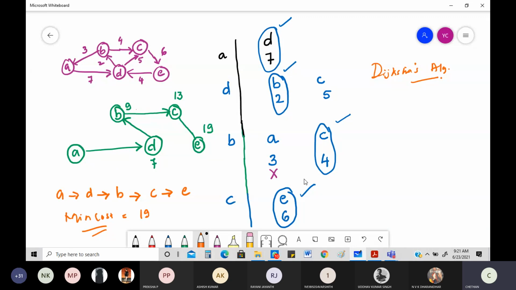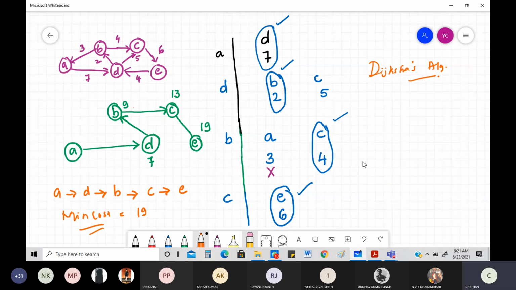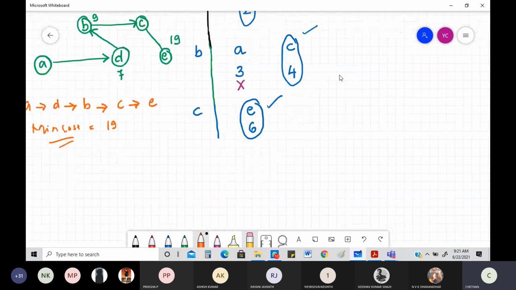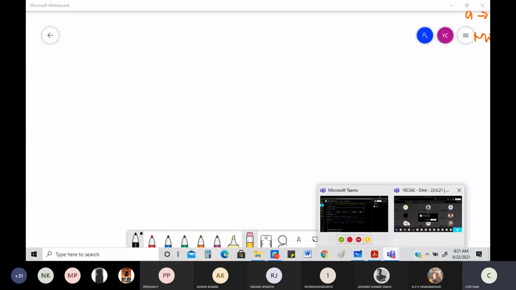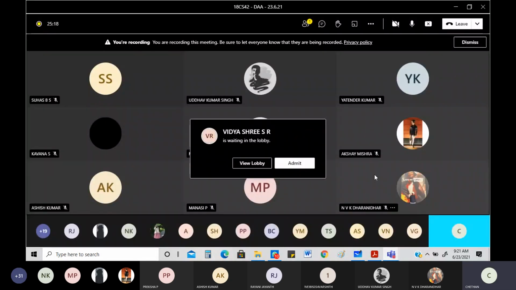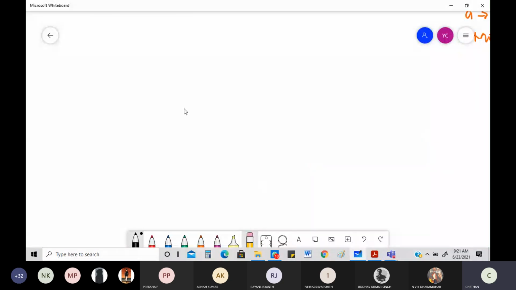Okay, now we'll take one more problem. Once again, we are going to take a problem which is big, which will have too many loops.